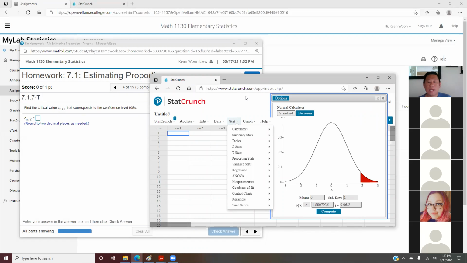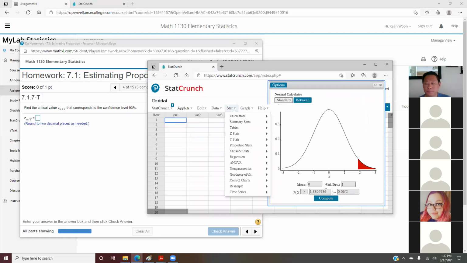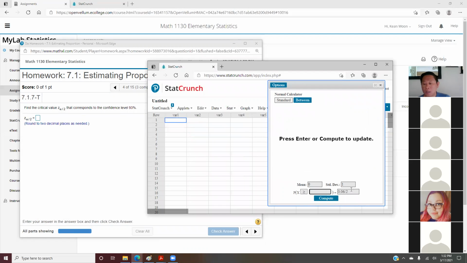And I want it in 2 decimal places. Do not forget to change it to greater than, don't put less than. If you put less than, you get a negative number. So make sure you put greater than here. Okay, this symbol. And it is in your notes here too.